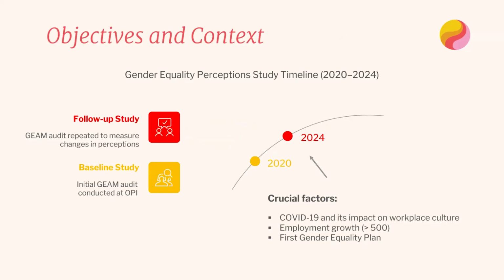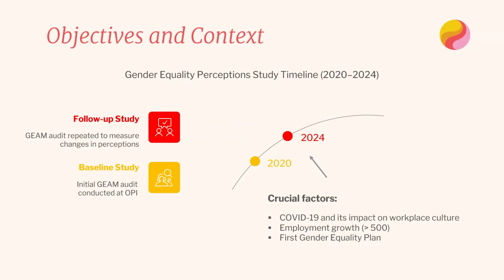So next slide, please. The main goal of our study was to explore how the perceptions of gender equality have evolved at our institute. And I may add that the National Information Processing Institute in Poland specializes in data collection related to higher education and science, and we also develop IT systems for both sectors, and we also support decision makers in shaping data-driven policies.